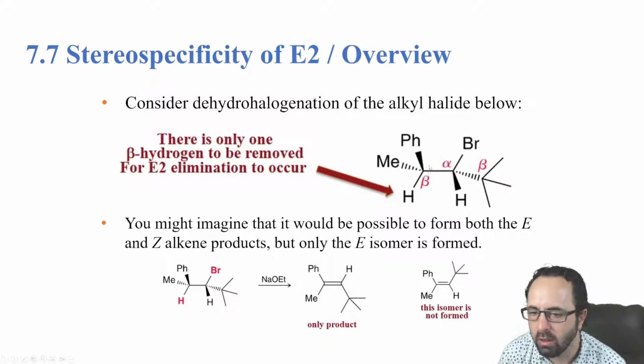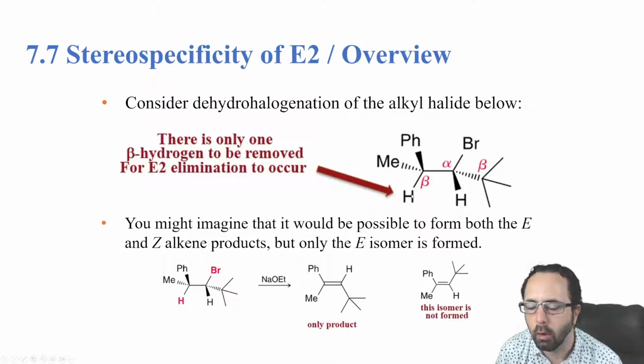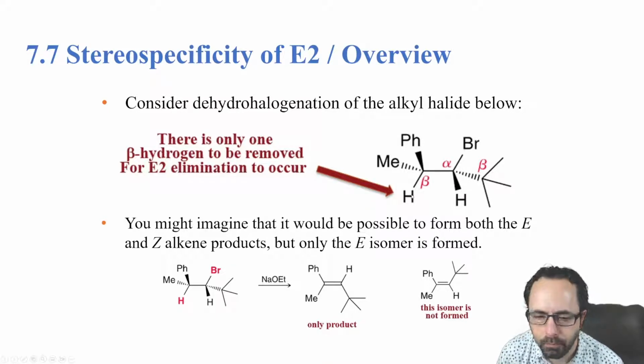And so, for certain molecules, when it comes to performing the elimination, when the proton is removed, there's only one possible proton that can be removed. And when this is the case, the molecule must be in a specific conformation for the reaction to be able to complete and ultimately produce two sp2 carbons that have unhybridized p orbitals in the sideways overlap position.